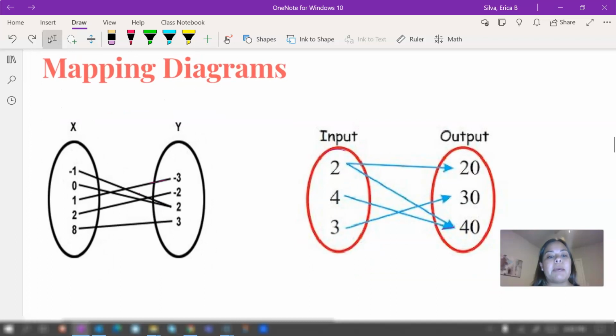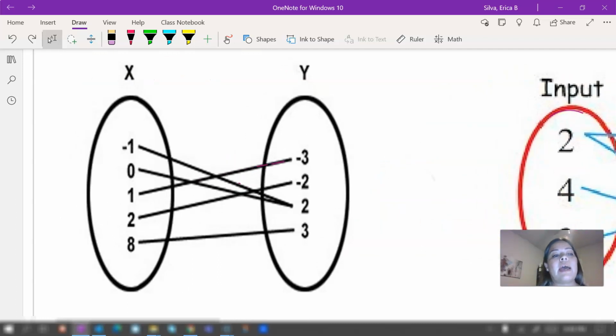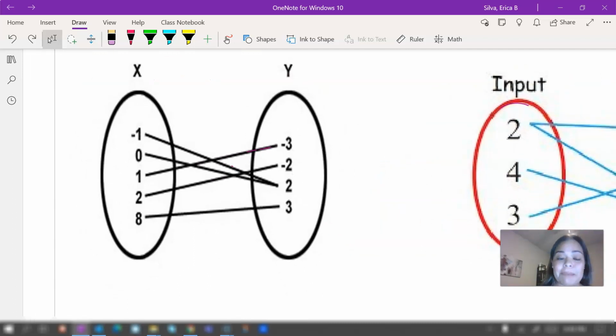Now let's go on to mapping diagrams. Mapping diagrams are very similar to tables, except we use arrows to map each x value to the y value. Now, if you look at this first mapping diagram, -1 maps to 2, which means -1 is my input, 2 is my output.